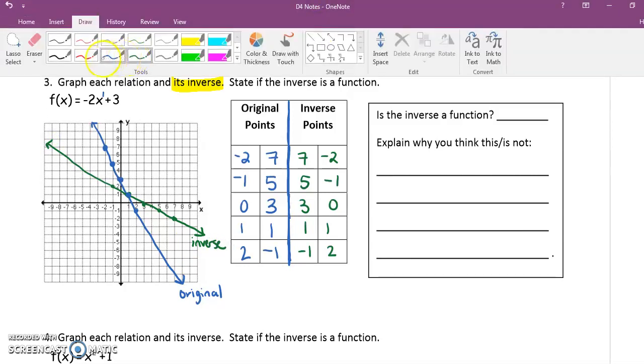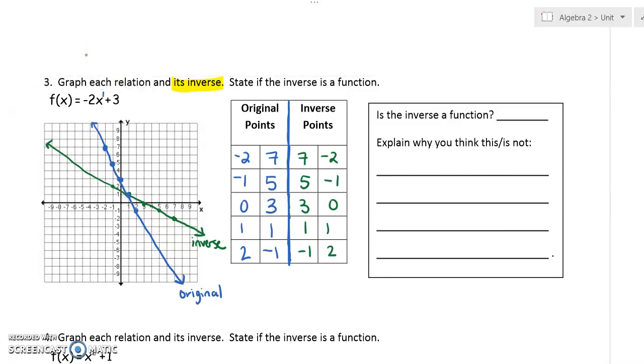So we talked about a couple days ago how we can check to see if something is a function or not. So they are asking if the inverse is a function. And we can test by doing the vertical line test. So I'm going to run the vertical line test to see if the inverse, which is just the green one, passes.